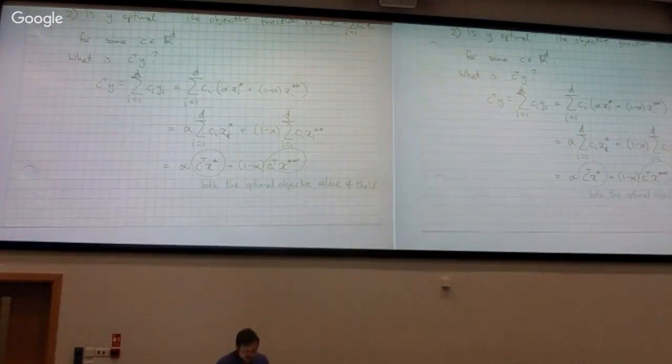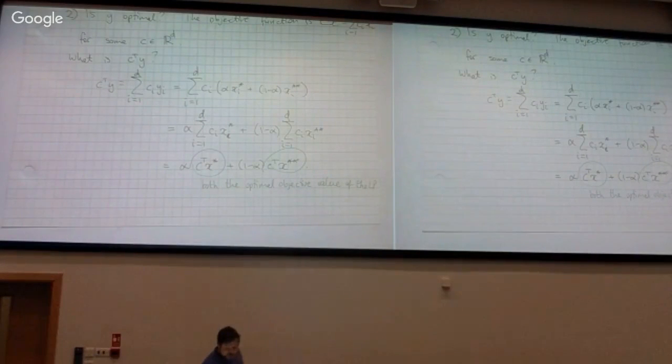So what we're assuming is that this x star is an optimal solution and this x double star is an optimal solution. So if you put that one into the objective function, you have to get the same number. If you don't, then one of them is not optimal. So they have to give you the same answer.